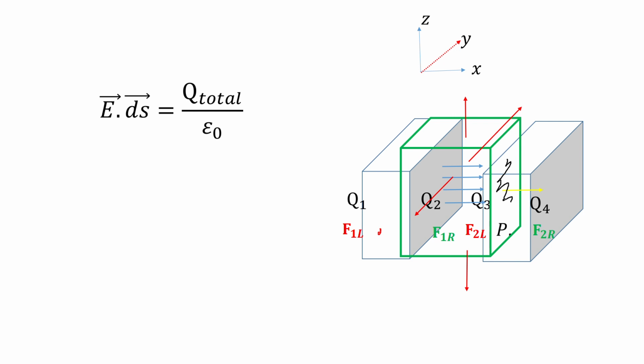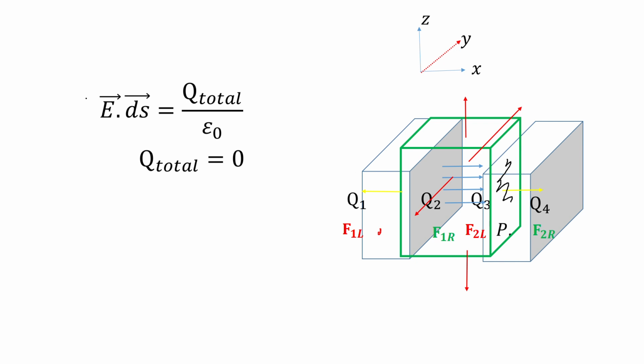Similarly on the left face, the outward normal is along the negative x direction, but again the Gaussian surface is passing through the conductor, so because the electric field is 0, E dot ds is 0. So the net E dot ds, that is our electric flux, is 0.